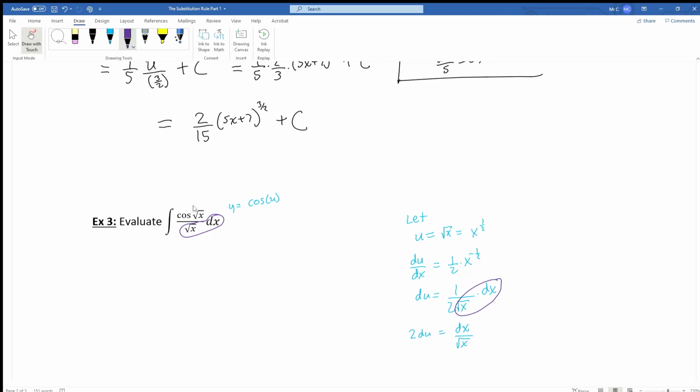All right, so that means this is cosine of u times 2 du. Let's plug that all in. That's the integral of cosine of u times 2 du. I can pull my constant 2 out in front. That's 2 times the integral of cosine of u du.